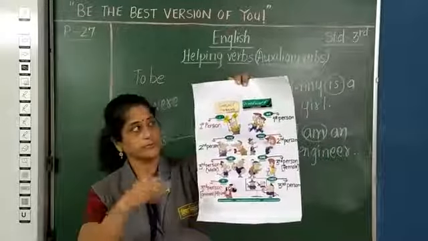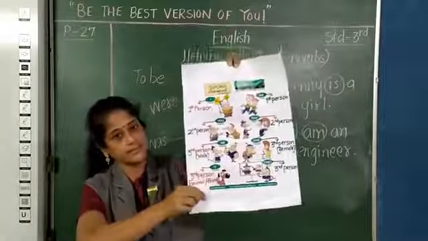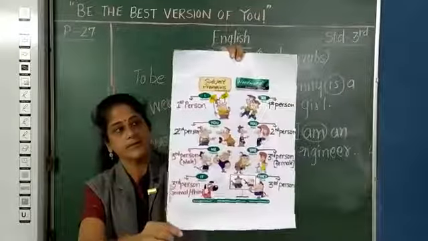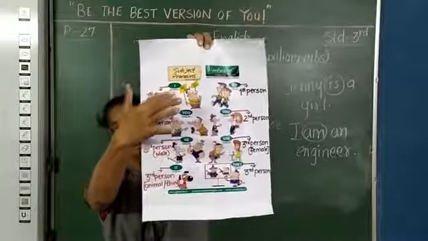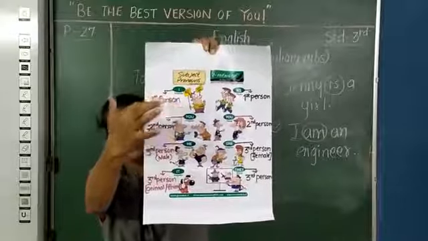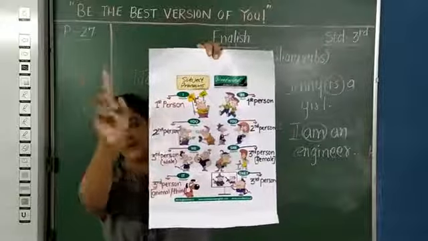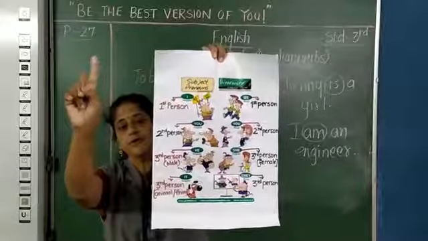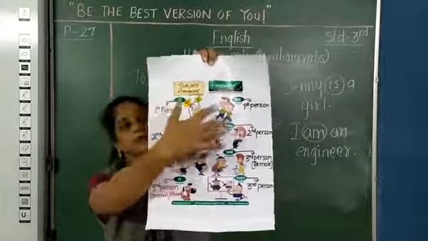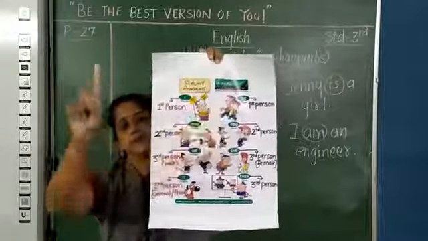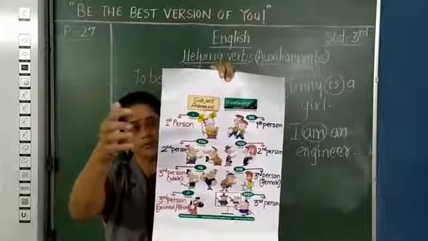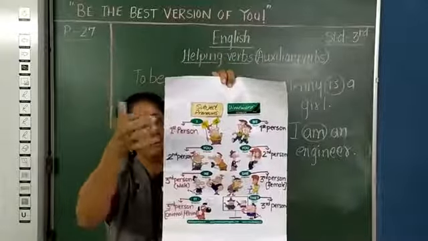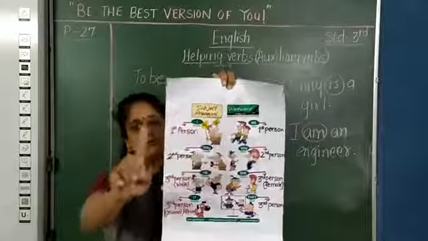Now you can see there is a chart here where I have written that I is a singular subject pronoun and it is the first person. First person is always who talks. Here again, we is the first person plural pronoun. So I and we are first person, I is singular, we is plural.